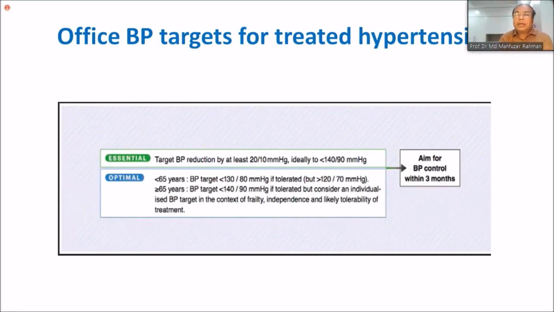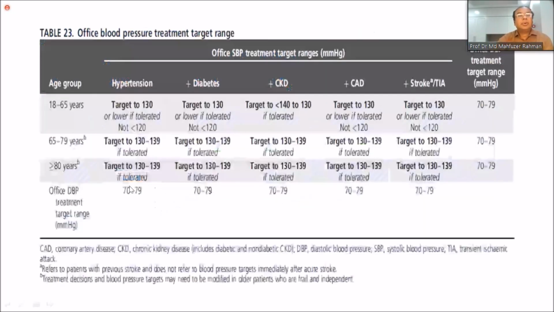And aim for blood pressure control within 3 months. Depending upon the presence of comorbidity or target organ damage, the target range will be varied.